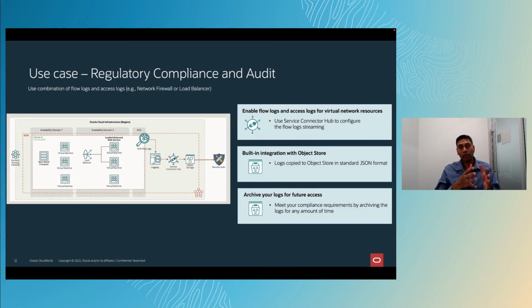You can move the traffic telemetry logs from the OCI Logging to the object store. So now you have saved these things in a programmatic JSON format for future analysis. And depending on how long you need to retain, you can use the appropriate storage tier to optimize your cost as well. So that becomes very interesting.